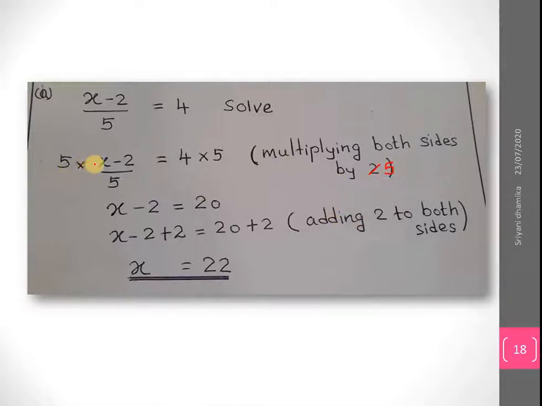Now here we can cancel this 5 times 1, here 5 times 1. So the remaining terms on the left side are x minus 2 equals 20. Now remove this 2 by adding 2 to both sides. So negative 2 and positive 2 can be cancelled. Then the answer is x equals 22.